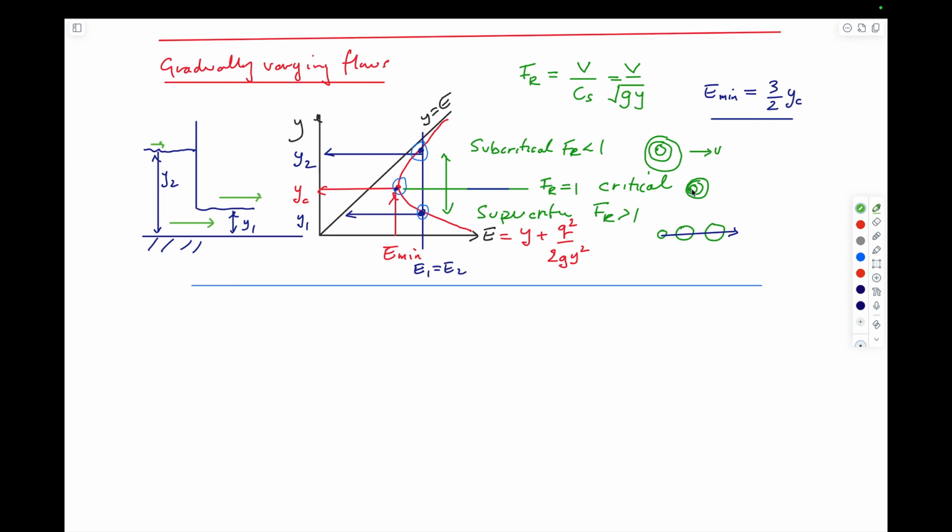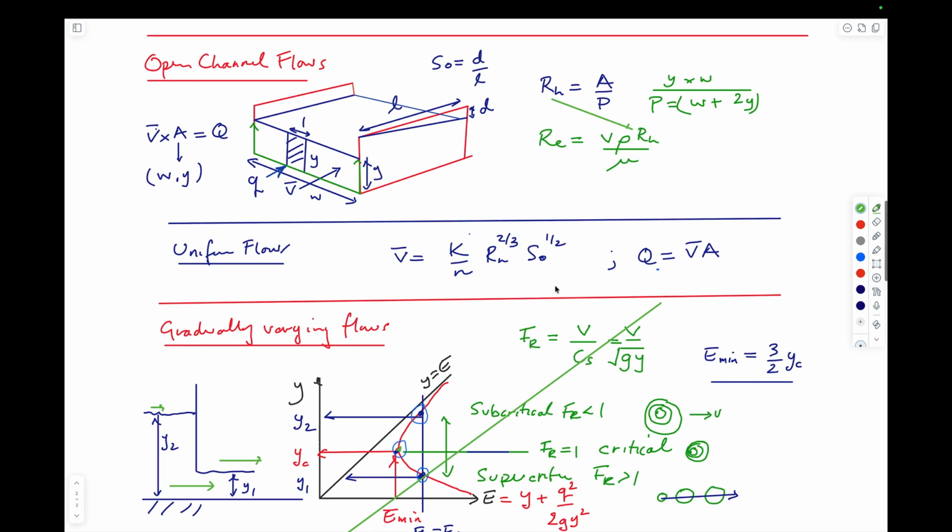They'll just stay where you drop the pebble, so no information travels upstream, as opposed to a subcritical flow where if you drop a pebble, it will travel upstream. And so these define the break between these different flows. If you draw this diagram, these are the depths upstream and downstream. The minimum energy in the system occurs at this particular nose, so you can start doing some manipulations related to that. But actually, having said that, that's not going to be the focus of your review, I don't think.